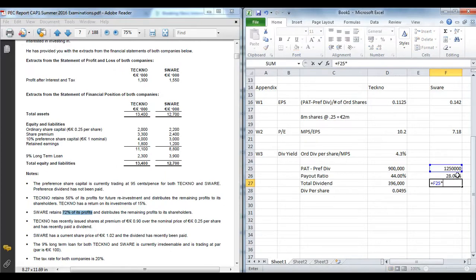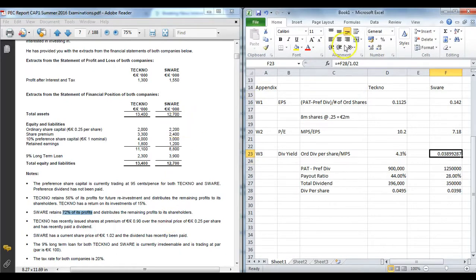So their dividend in euros is 350,000, and they have 8.8 million shares, which means they pay a dividend of about 3.98 cents per share. Alright. So they pay around 4 cents per share, giving you a dividend yield of 0.039 divided by the share price, the market price per share, of 1.02.